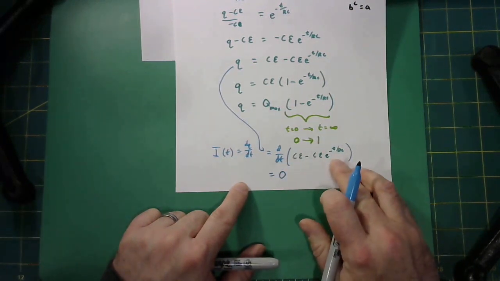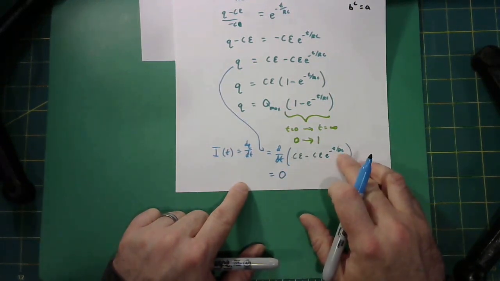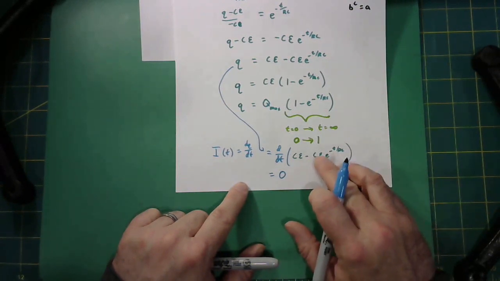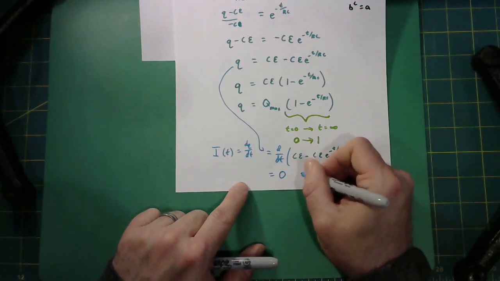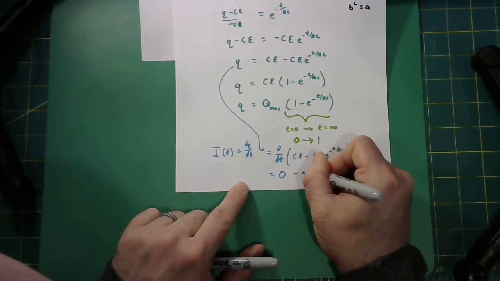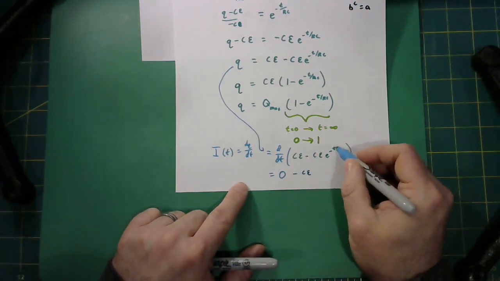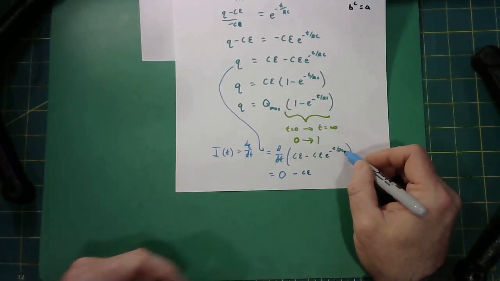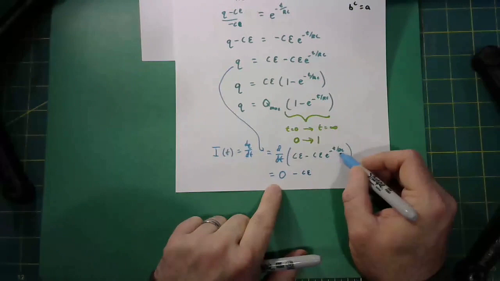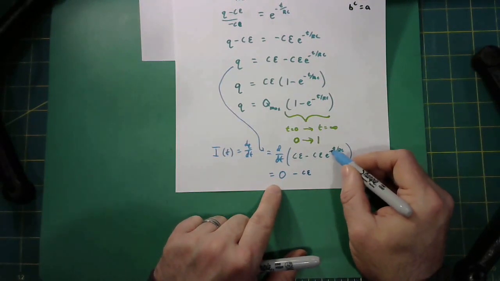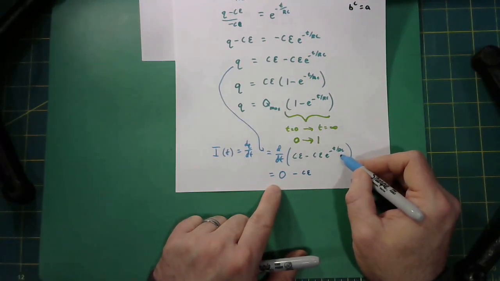And then I take the derivative of this, you know how to take the derivative of e to the x, right? It's just going to be e to the x, right? So when I go ahead and take the derivative of this, you say that constant in front is going to stick around. But now I take the derivative of e to the minus t over RC with respect to t. That's going to kick out e to the minus t over RC, but it's going to kick out the derivative of this exponent, right? It's like a chain rule sort of thing, right?